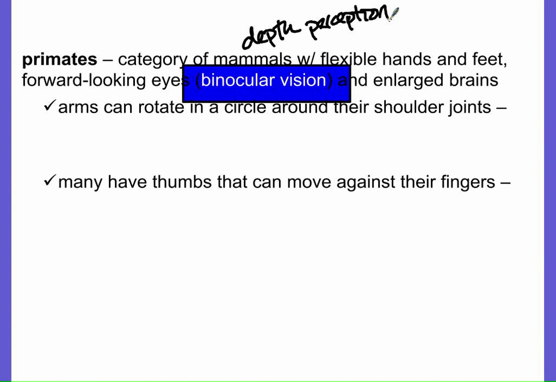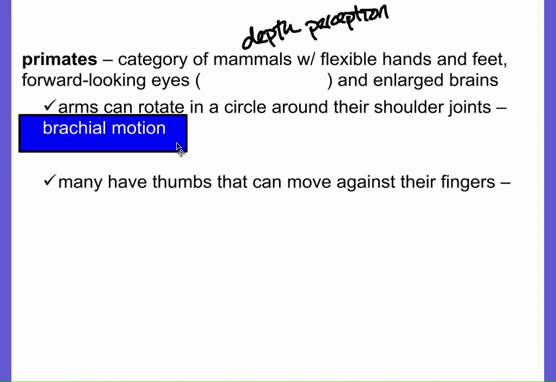One of the other big things, arms should be able to rotate in a circle around their shoulder joints. It's a specific range of motion that's important for all primates. It's called brachial motion. For you, it gives you a lot of abilities, obviously. But one of the major things is it allows you to play on monkey bars.